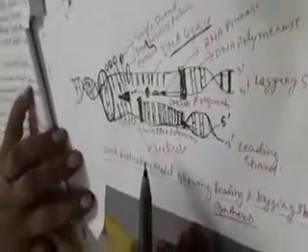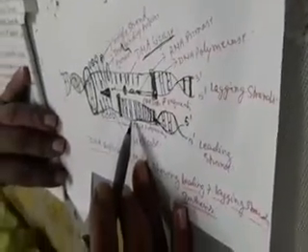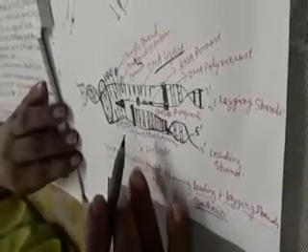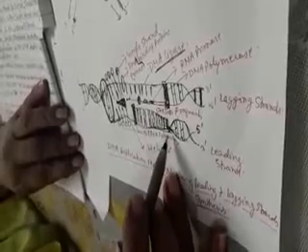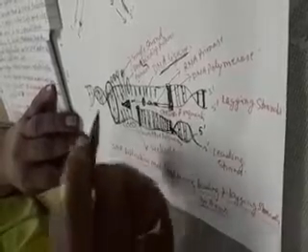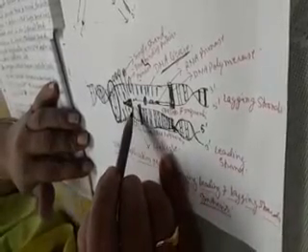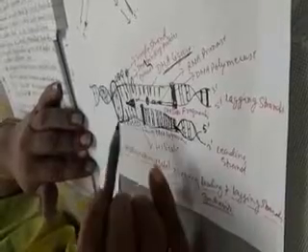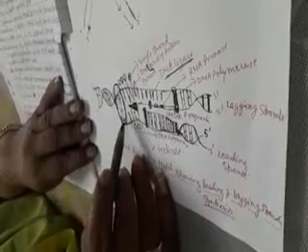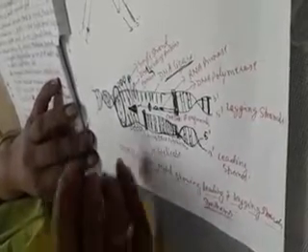Now, mechanism. Replication is an energy expenditure process. Deoxyribonucleoside triphosphates serve a dual purpose: first, acting as a substrate, and second, providing energy.